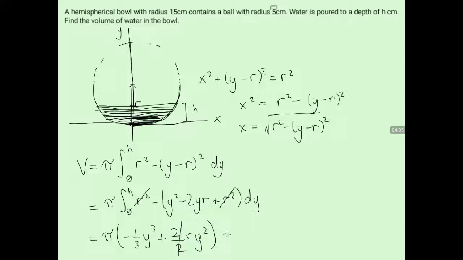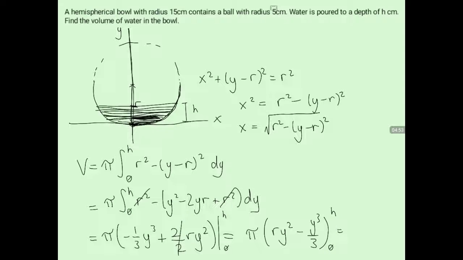So what we get here is the volume is equal to pi times (r y squared minus y cubed over 3). And this, of course, is evaluated at h and 0.